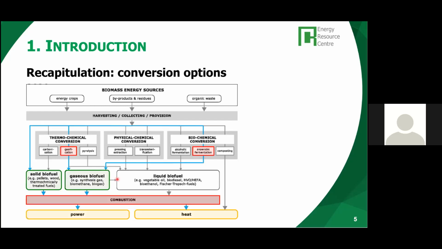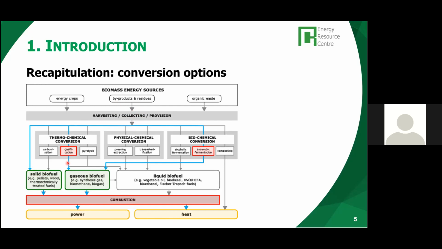Now, what we'll be looking at particularly are systems typically used for, let's say, larger scale production of electricity and/or heat. And it includes the combustion route. So let's say from solid biofuel combustion to power and/or heat.